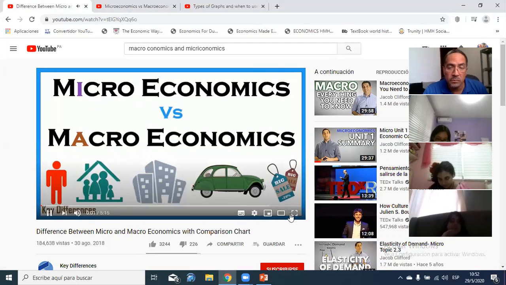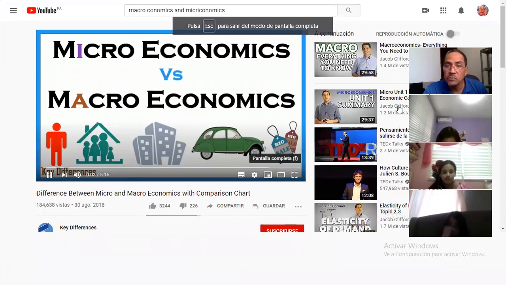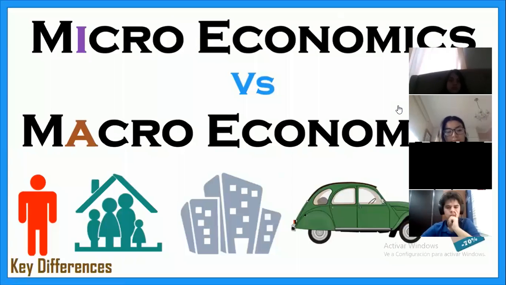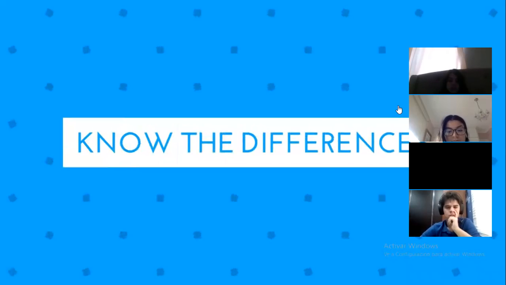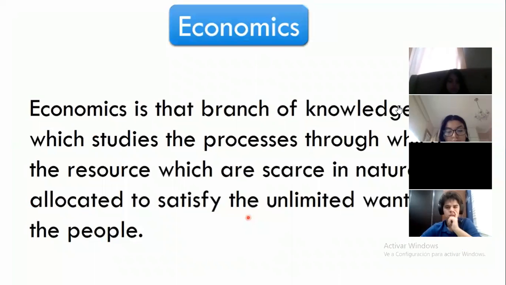Hey guys, I'm Surbhi, and once again welcome to my channel Key Differences. Today in this video, I'm going to explain to you the difference between microeconomics and macroeconomics. So friends, let's get started. Now first of all, we are going to understand the term economics.